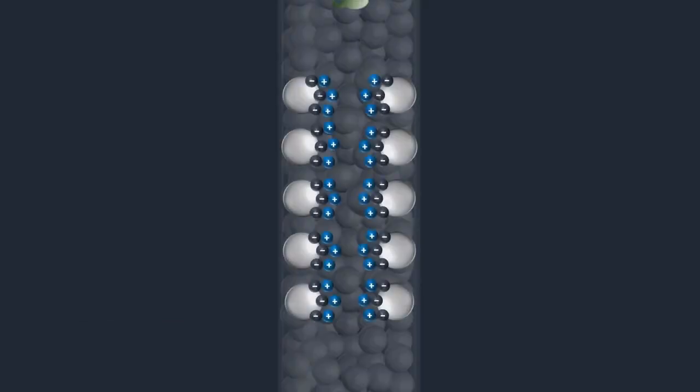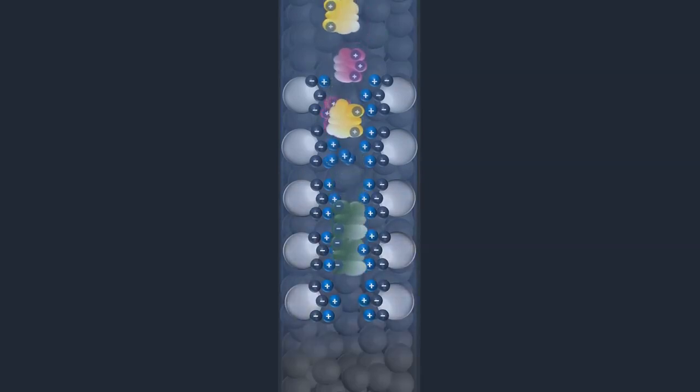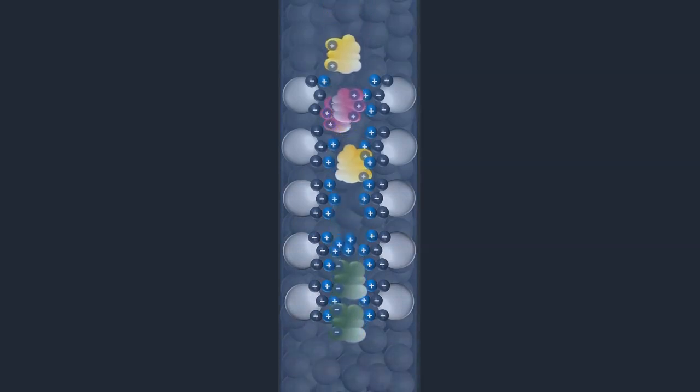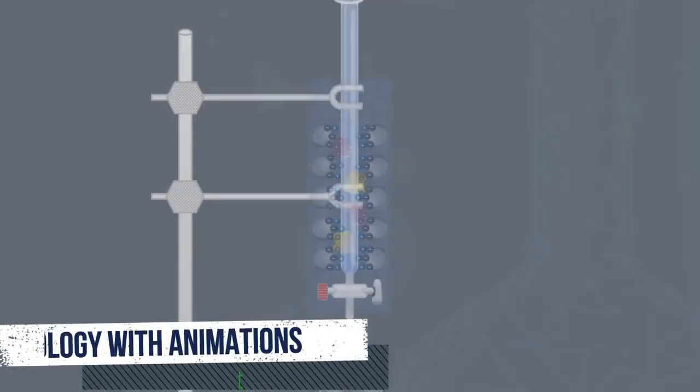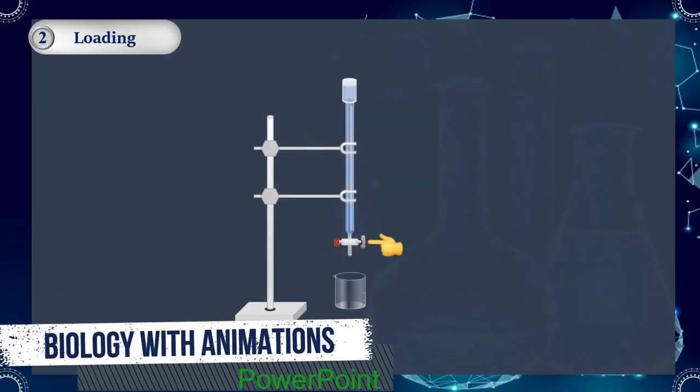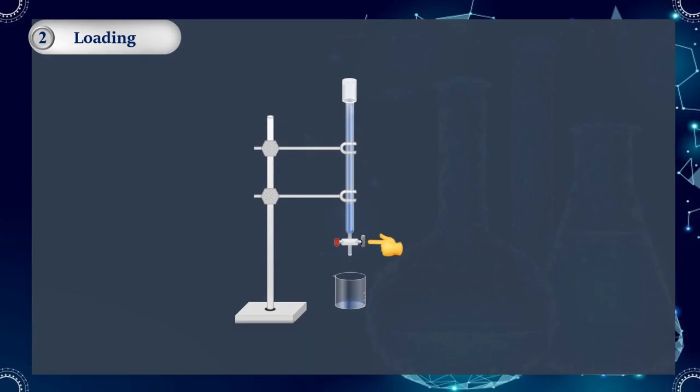When all the sample has been loaded and the column washed, conditions are altered in order to elute the protein bound. Most frequently, proteins are eluted by increasing the ionic strength of the buffer, or occasionally by changing the pH. As ionic strength increases, the salt ions compete with the bound component for charges on the surface of the medium, and one or more of the bound species begin to elute and move down the column.